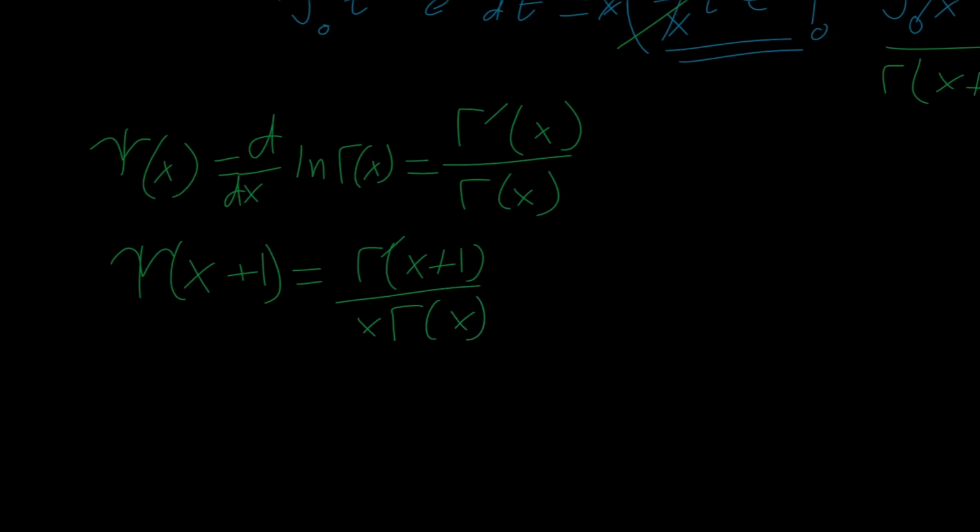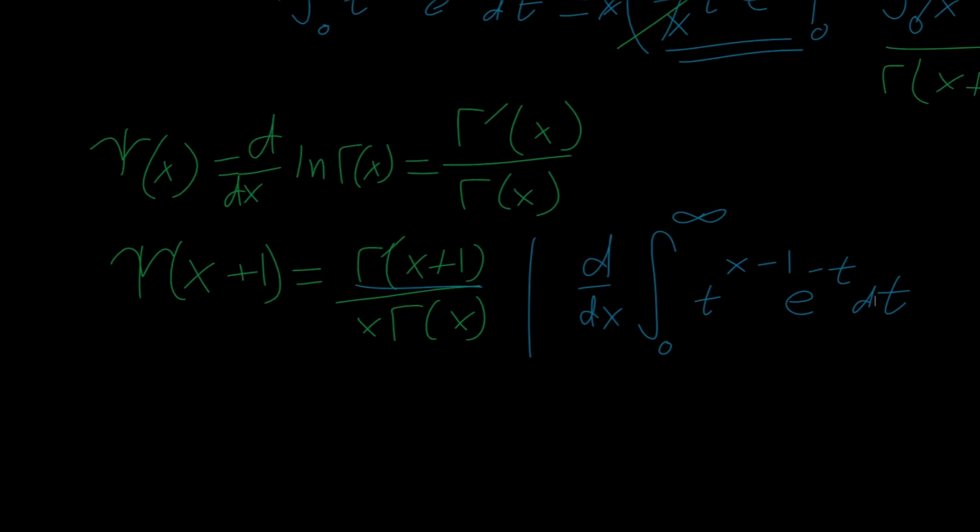Now let's consider this term right here. Let's really investigate it, this gamma prime term. The derivative of the gamma function is equal to this right here. So the derivative of the gamma function from 0 to infinity of t to the x minus 1, and then times e to the minus t dt.